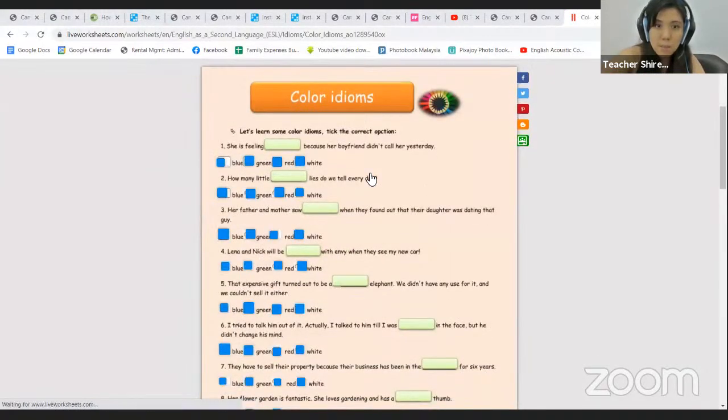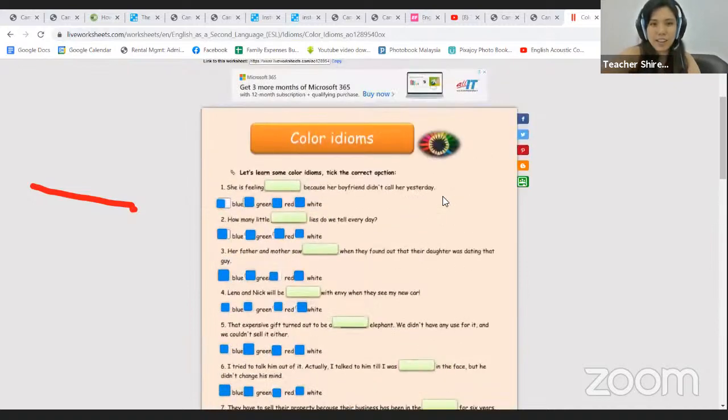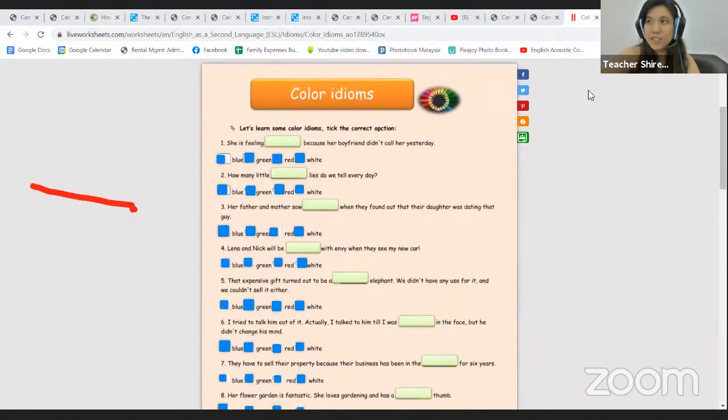This is all about color idioms. I'll send you the worksheet in the chat. Have fun doing it. We don't have much time though. I give you 2 minutes to do it, then I'll explain. Okay, hurry up. I sent it in the chat. Please try to do it.